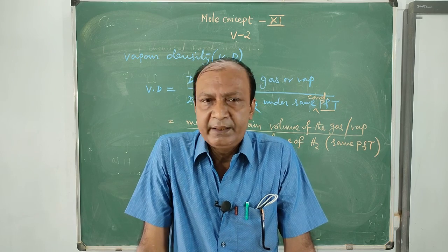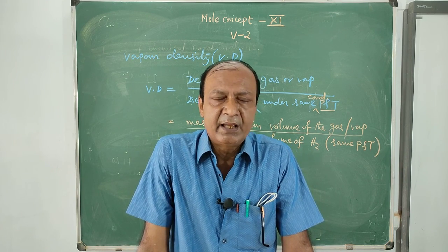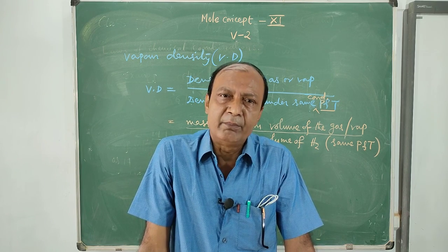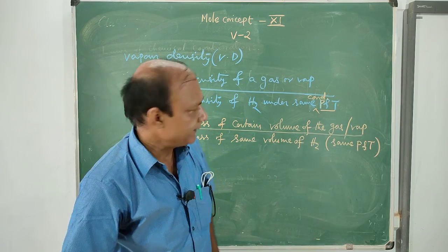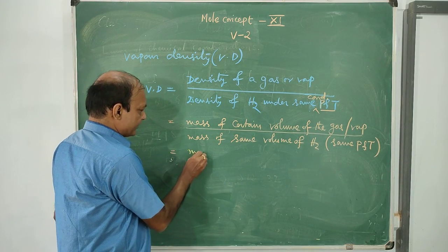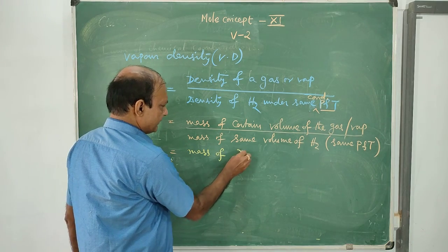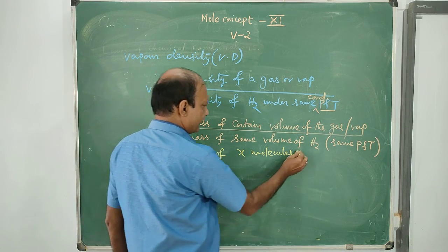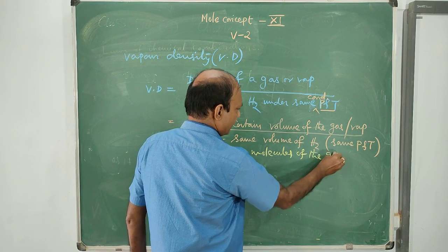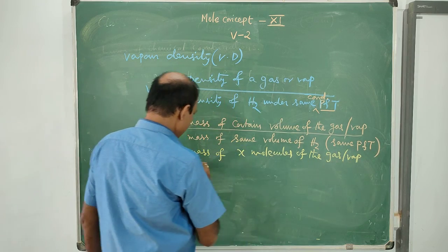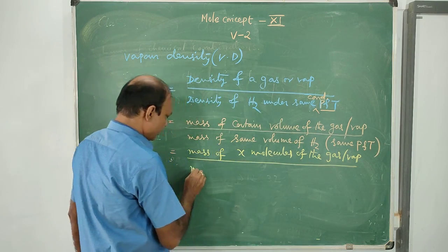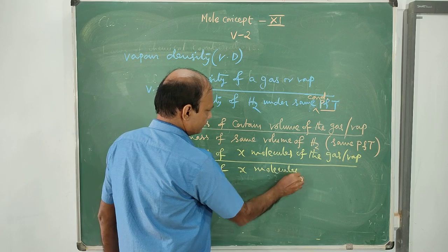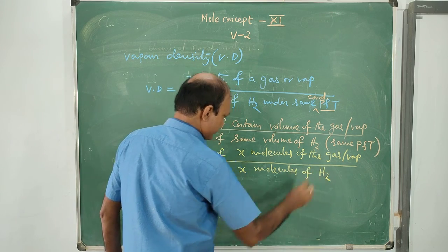Now see, number of molecules same, that means we can write mass of X molecules of the gas or vapor by mass of X molecules of hydrogen.